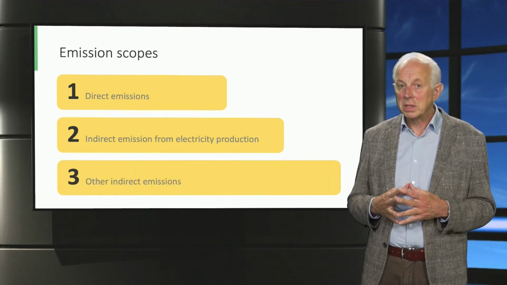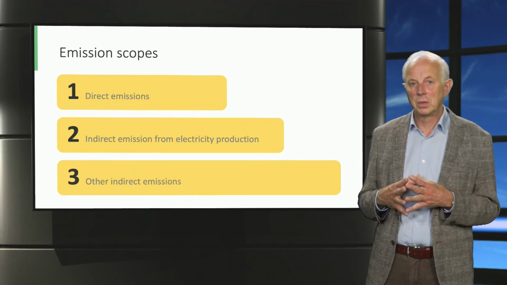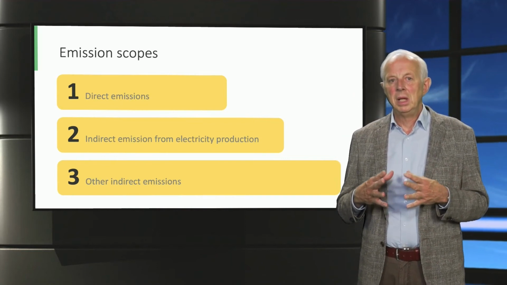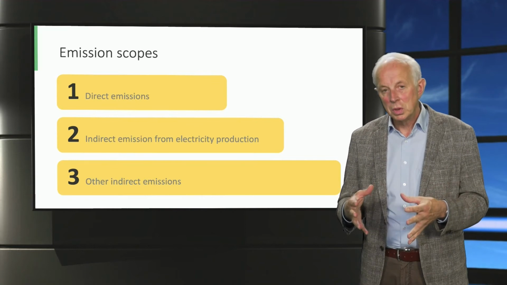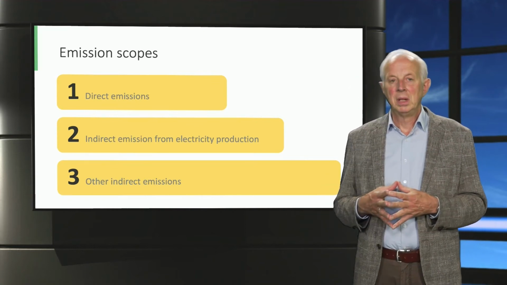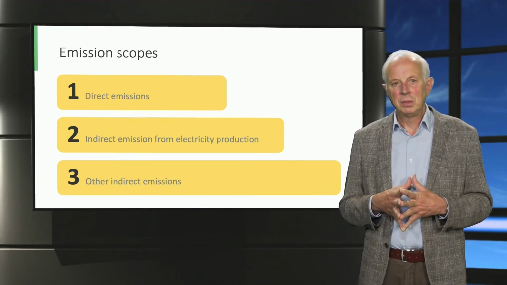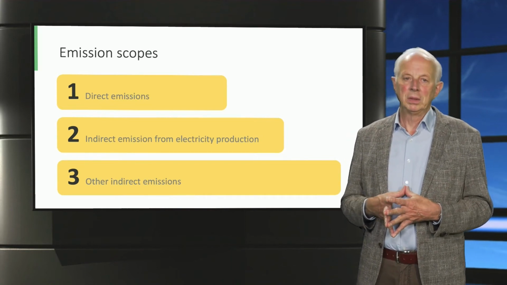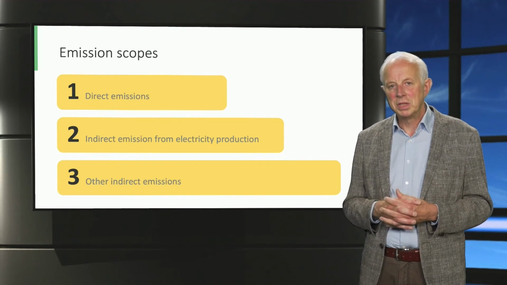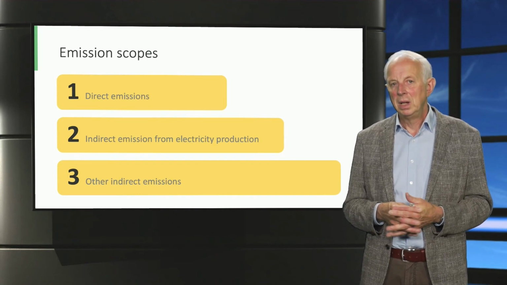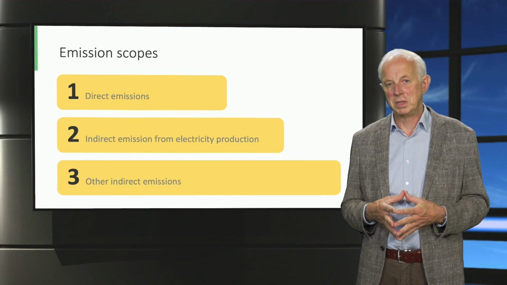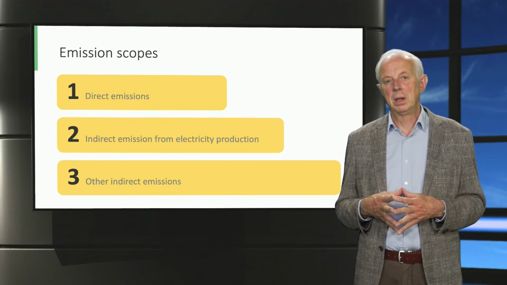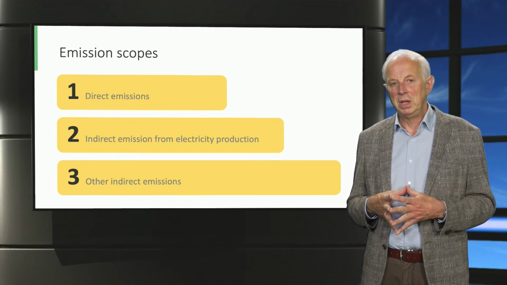Scope 3 encompasses everything else that you do that causes emissions. It can be upstream emissions, emissions to create products that you use, or downstream emissions, emissions that will be generated from using a product. For example, for a car manufacturer, the emissions for making the steel and plastics for the cars are counted as their scope 3 emissions. But also the tailpipe emissions from using the car are part of their scope 3 emissions.